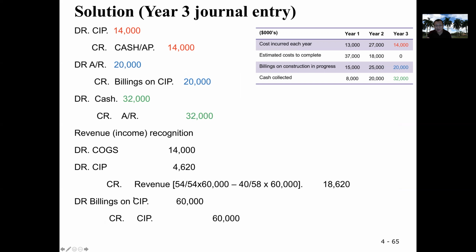At the very end of the project, you have to close the construction in progress and the billings on construction in progress. You have to close both accounts. So the contract price is 60,000. So you're gonna close both accounts by this amount, 60,000. Okay, so here is the 3rd question.